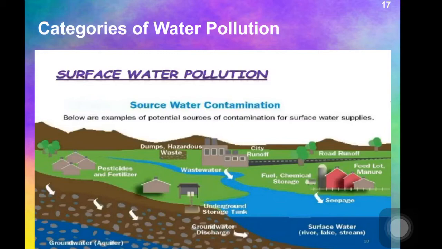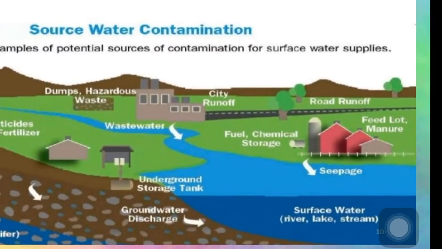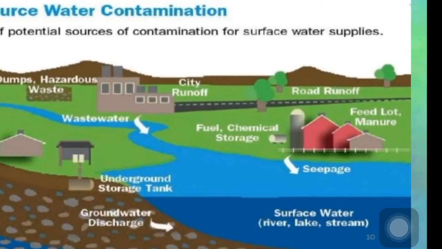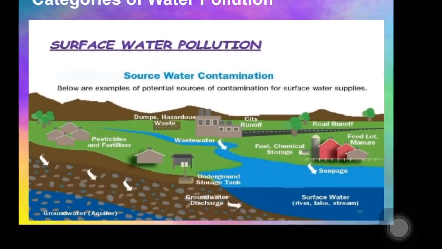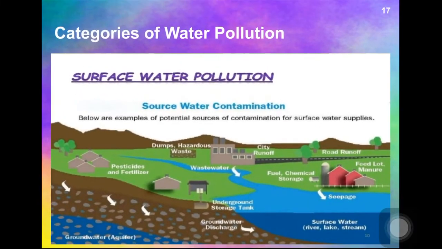The second category is surface water pollution. Surface water pollution, as you can see, is how pollutant particles from our homes and factories mix with surface water bodies like lakes, rivers, ponds, and streams.